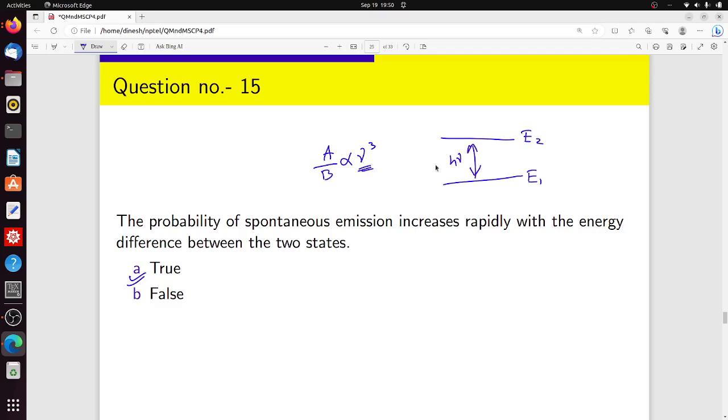If the energy difference is more, then nu is more. A is related to spontaneous emission, B is related to stimulated emission or absorption. So if nu increases, spontaneous emission will dominate over stimulated emission. So this should be true. Okay, good.